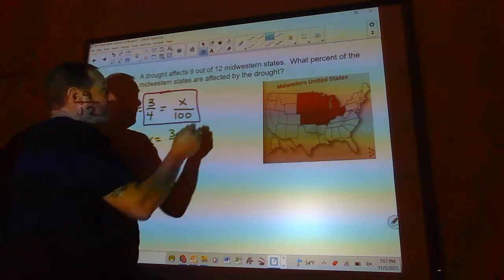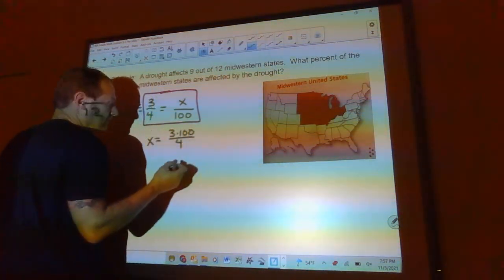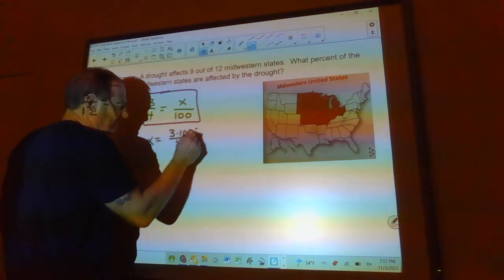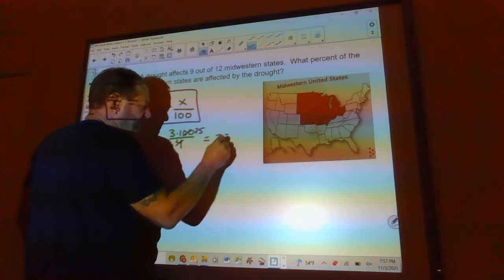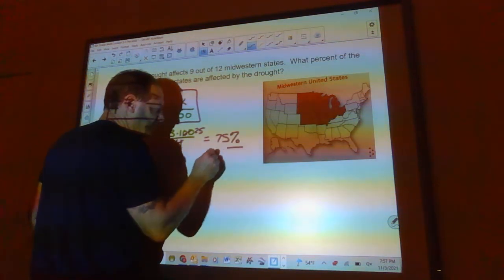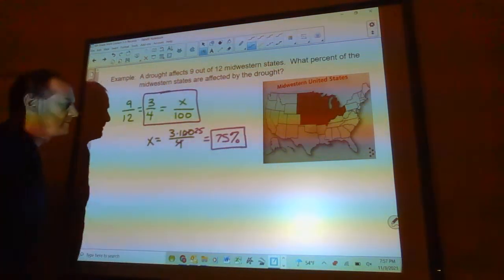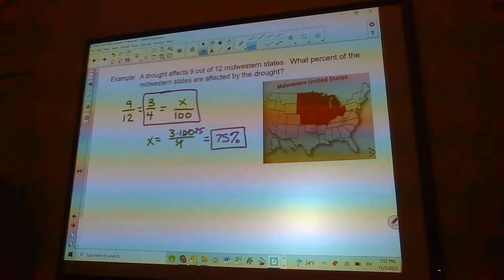Okay, well I can do this. Let's see, 4 will go into 100 25 times. And so 3 times 25 is going to be 75%. So 75% of the states were affected by the drought.